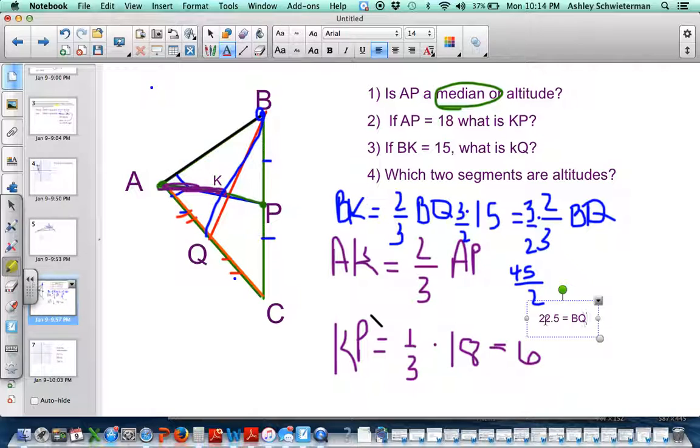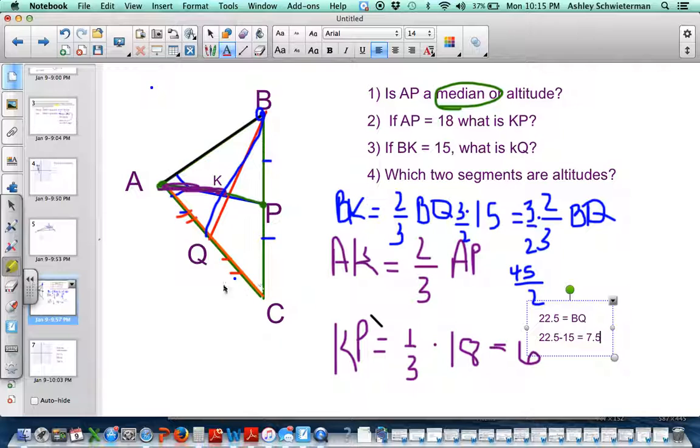That's the whole length, and I already know that part of it is 15, so I can take 22.5 minus 15, and I am left with 7.5. That means this remaining part for KQ is 7.5.